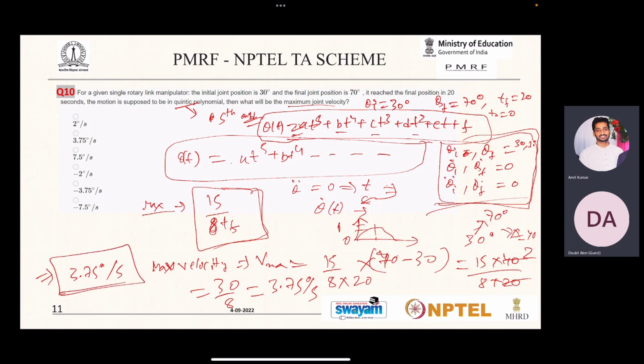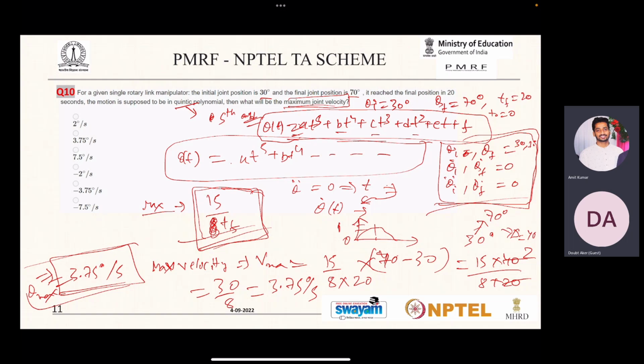So this is how you get theta max. We have used this directly from the lectures, or rather you can also derive it. In the interest of time, there's no need for the derivation, as we know the result: it happens at 15 by 8 TF, and we can scale it for this question, as we only need to find the joint velocity. We don't have to find the whole equation.